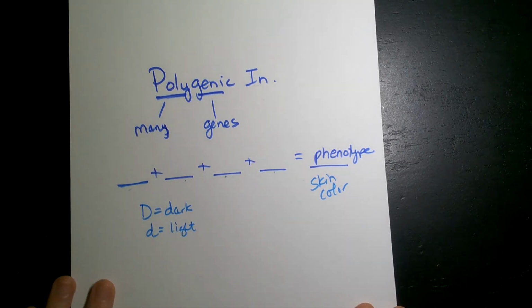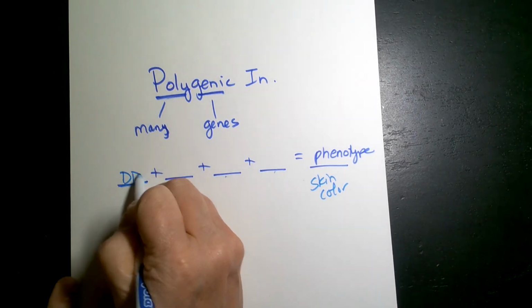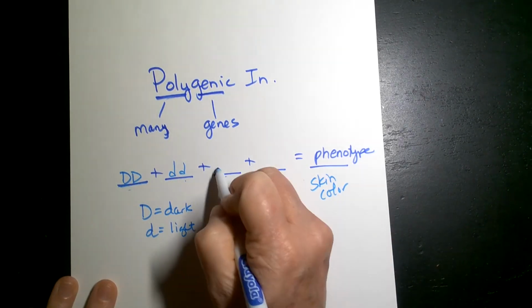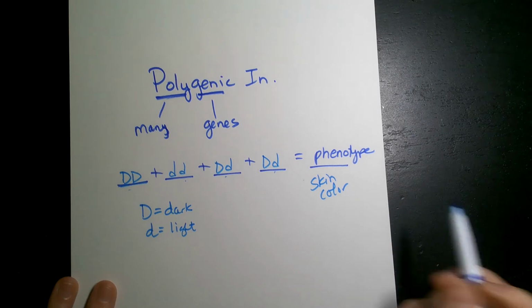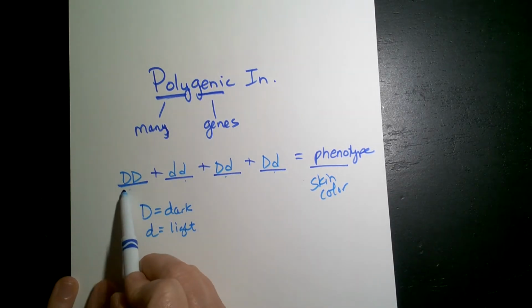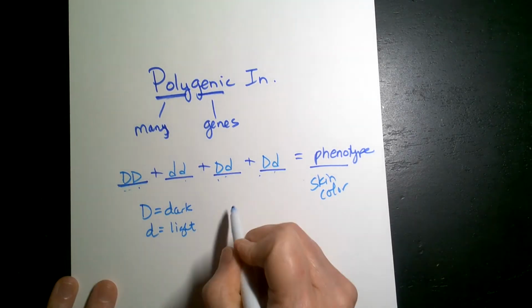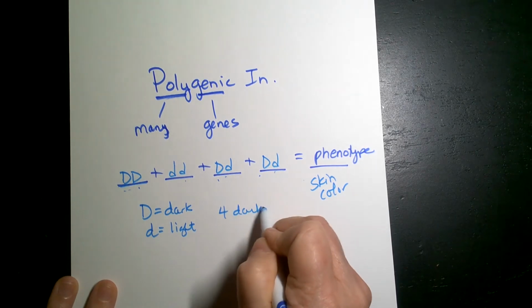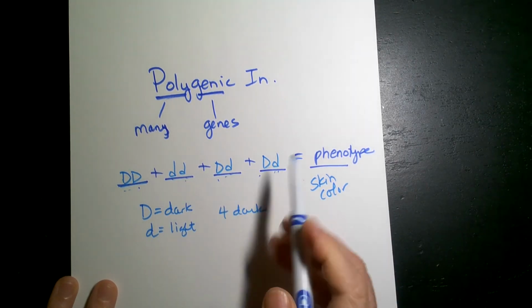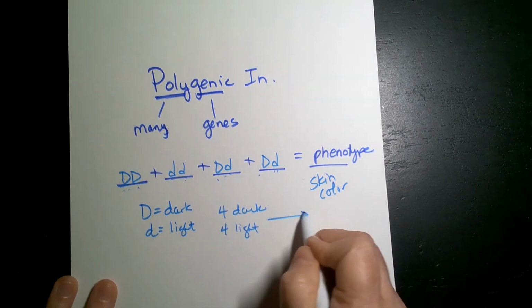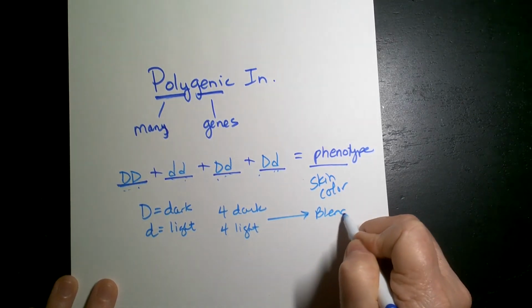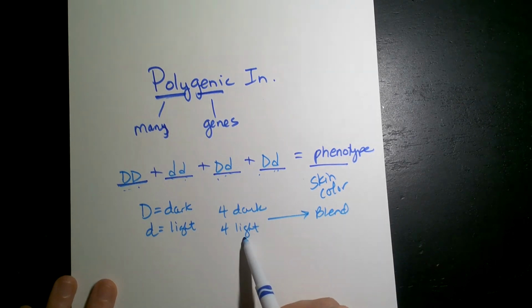And so depends on, so you could get 2 dark genes here, 2 light genes here, a dark and a light, and a dark and a light. So this child gets 1, 2, 3, 4 dark genes and 1, 2, 3, 4 light genes. So their skin color actually becomes a blend. So it's a blend of 4 darks and 4 lights.